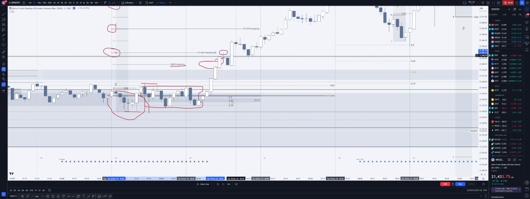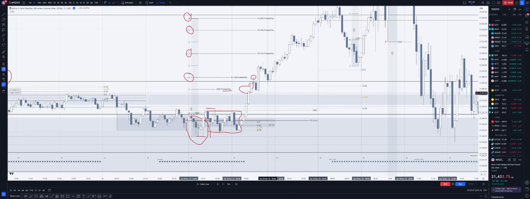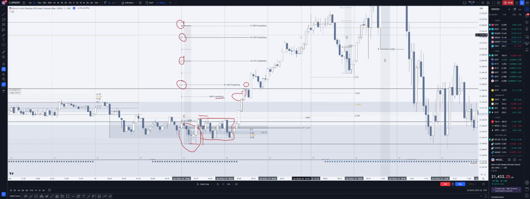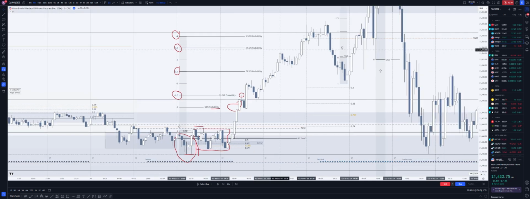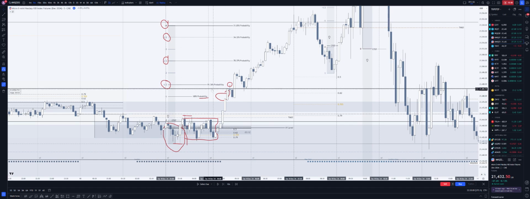Retrace back to Asia high and then continued up, just knocking through that 2.5 into another retracement. So remember, 1 to 1.5, we have our reaccumulation, so we're expecting a pullback here. 2 to 2.5, reaccumulation phase 2.